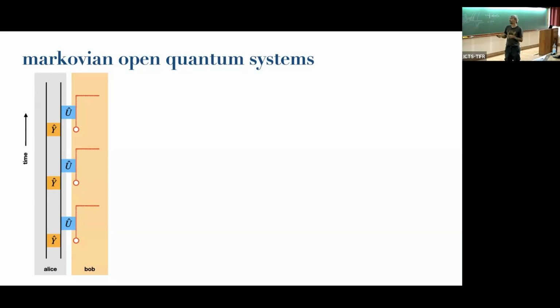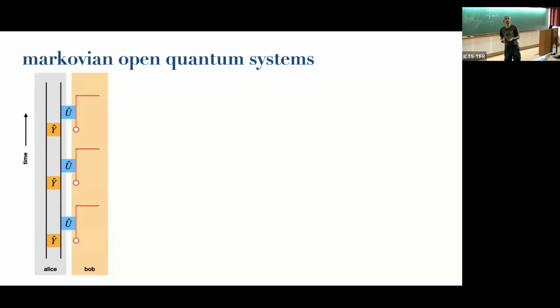So the vertical lines are Hilbert spaces. There might be qubits. They might be something more complicated. The blocks here are unitary gates, and this little red blob just says that I'm starting these qubits of Bob's out in some reference state, which I might as well call 0.